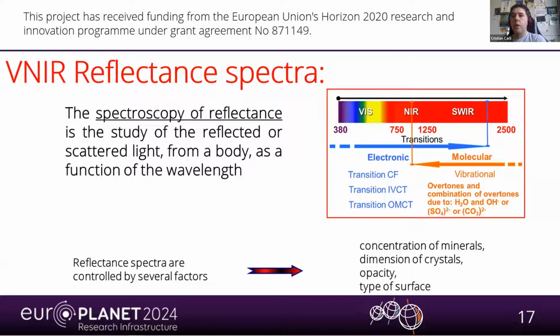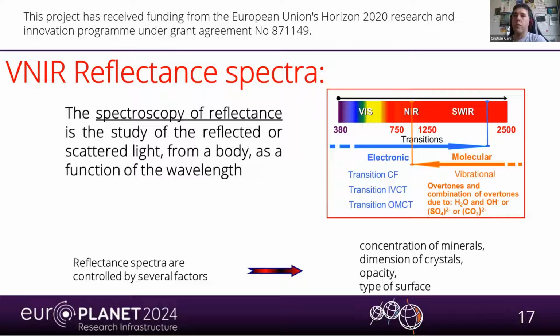We also have to remember that the reflectance spectra are not controlled only by the chemistry of the material on the surface, but even by the type of crystals, their dimension, or the grain size of the particulate material on the regolith, the presence of different types of opacity on the surface of the material, and also the roughness of the surfaces.